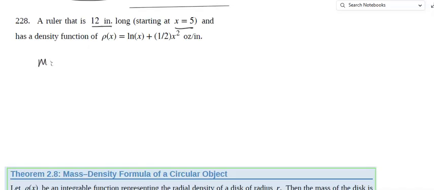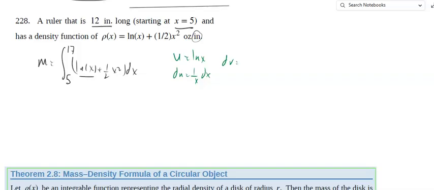If I want the mass, that's the integral from 5 to 17, the units are matching, of natural log of x plus 1/2 x squared dx. If I look at this piece, I let u equal natural log of x, so du is 1 over x dx, and dv is dx, so v is x.